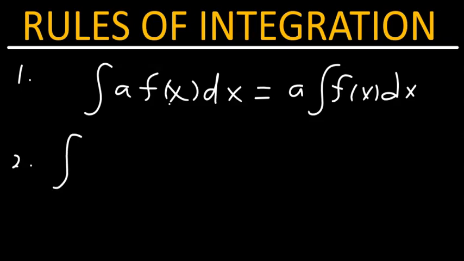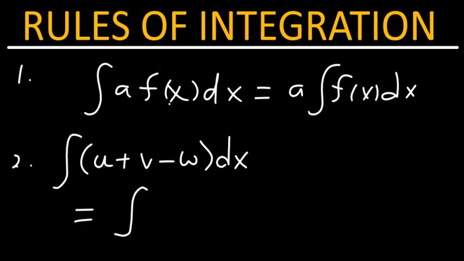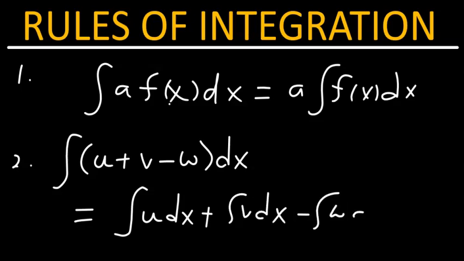Rule number 2 is that if you have a bunch of functions involving sum or difference, let's say the function u plus v minus w, where all these u, v, w are functions of x, then this integral can be broken into three: the integral of u dx plus the integral of v dx minus the integral of w dx. While these rules seem simple, they play important roles in doing more complex integration, so it's worth noting them.